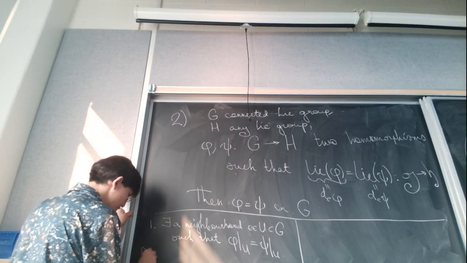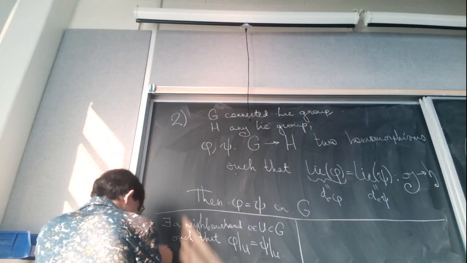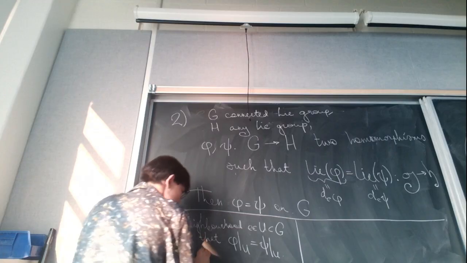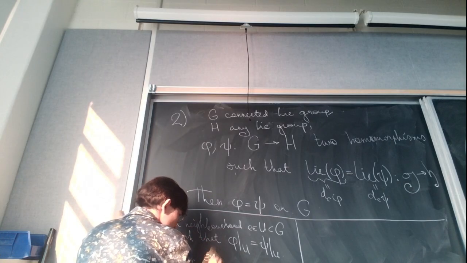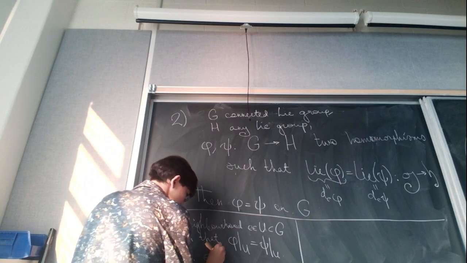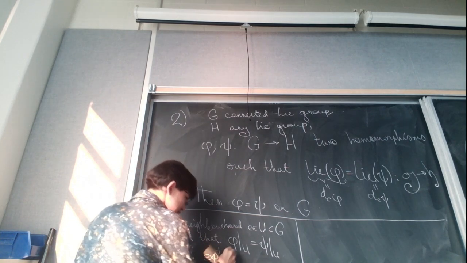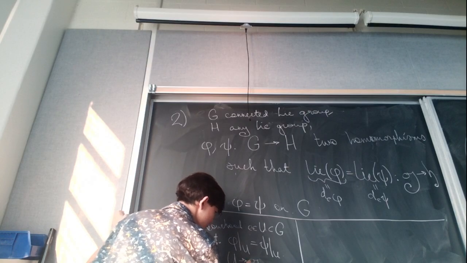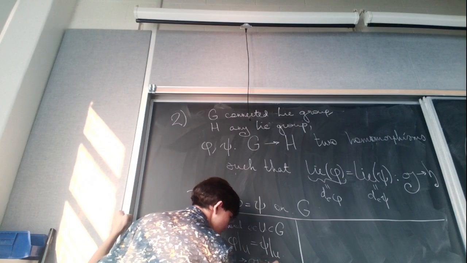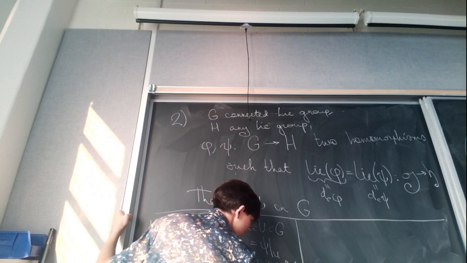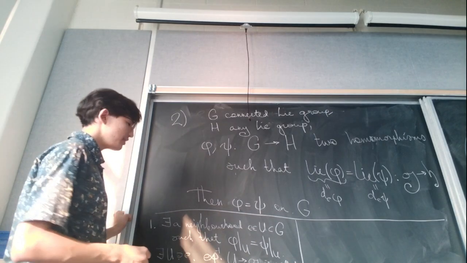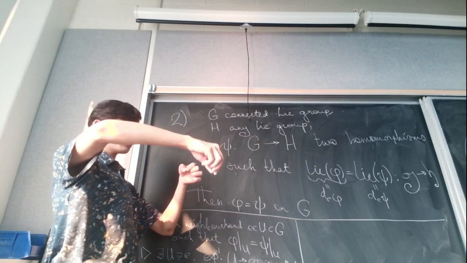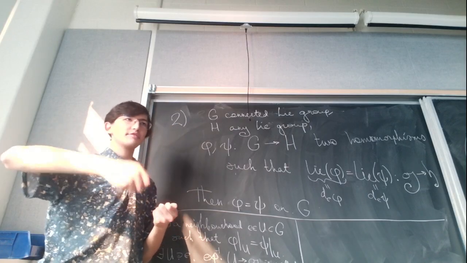So there is a U containing the identity such that the inverse of the exponential map from U to the Lie algebra is well defined. This is by the inverse mapping theorem. And this tells you that every element in U is the exponential of some Lie algebra element.